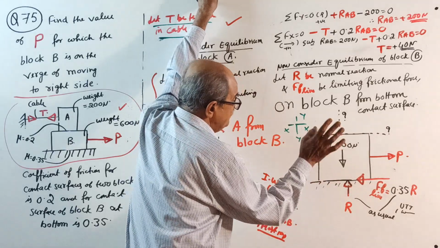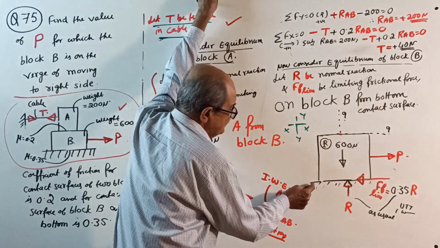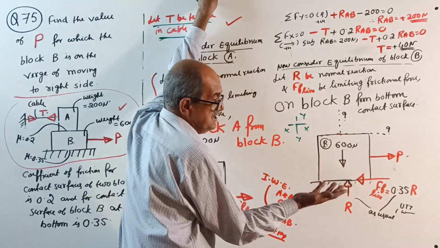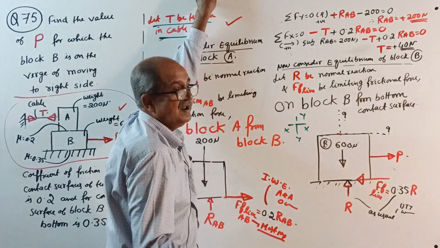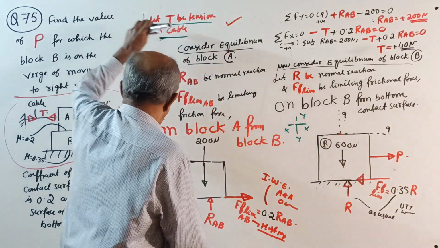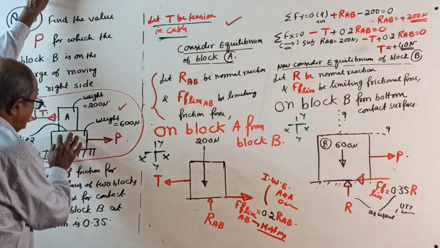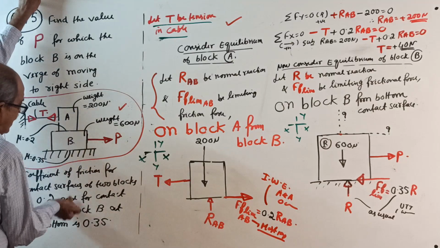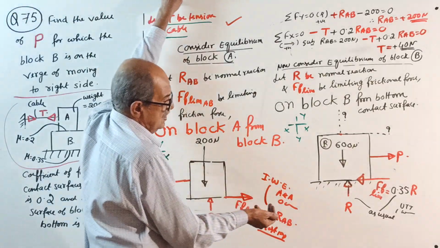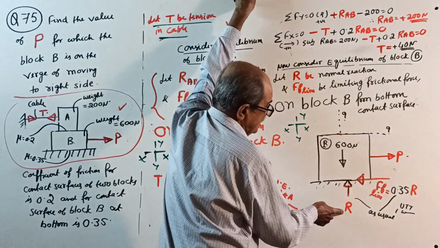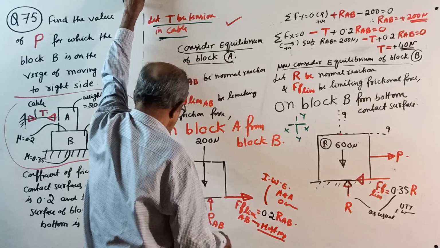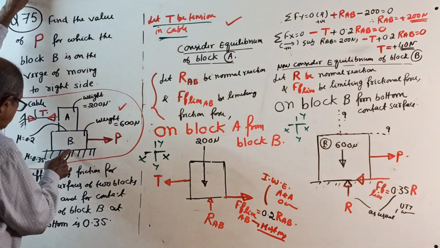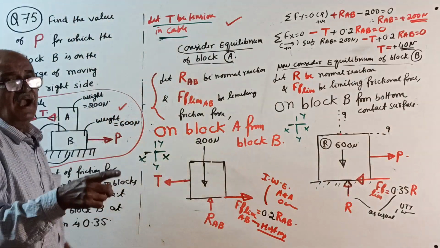So simply R. You could write some surface C, RBC, but not required. So for the block B, normal reaction, no suffix, and frictional force with 0.35. Why 0.35? This contact surface mu is 0.35. That you have to write.